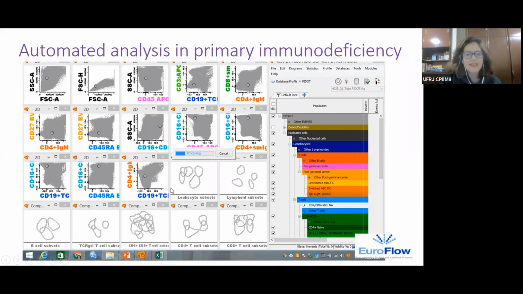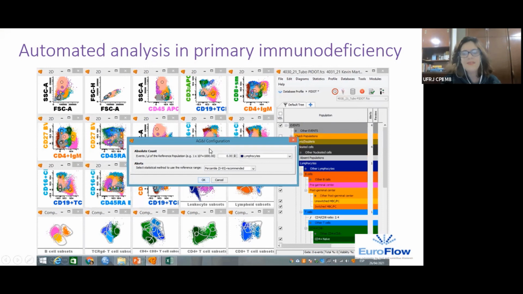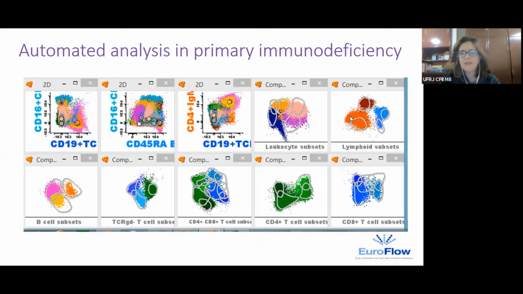And I think this screen is quite interesting because we also have to inform the total leukocytes or total lymphocytes here to calculate the absolute number of cells. And here we have interesting pictures. I have made them bigger to see. And we have regions of normal cells.